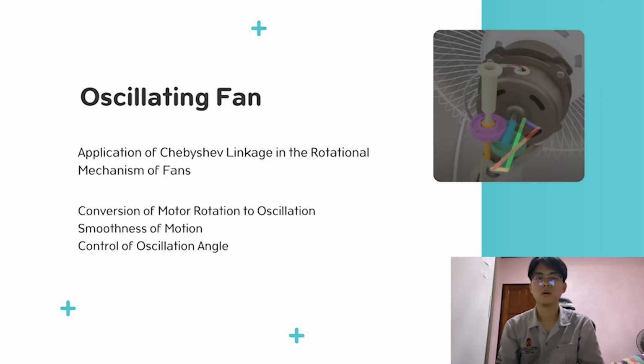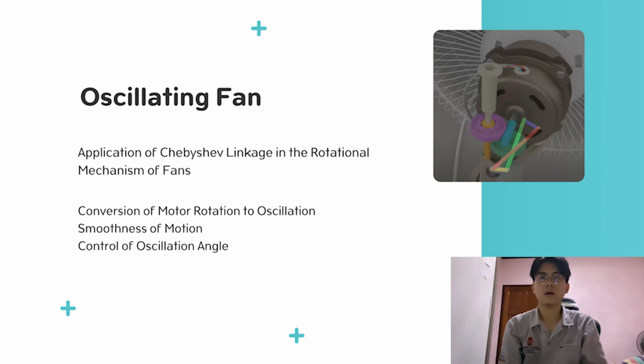Smoothness of motion. The Chebyshev linkage ensures that the oscillating movement of the fan is smooth and fluid. This helps reduce vibration or jerking motion during operation, resulting in effective airflow distribution without excessive noise. Control of oscillation angle.